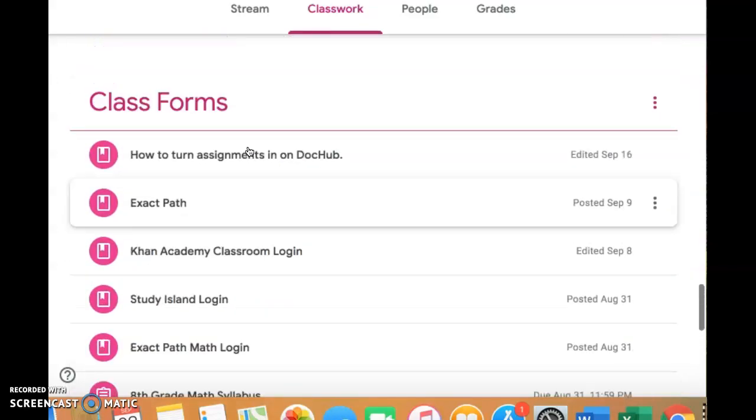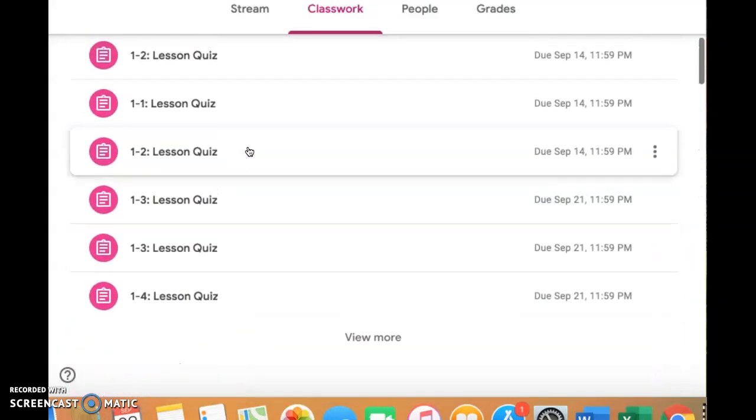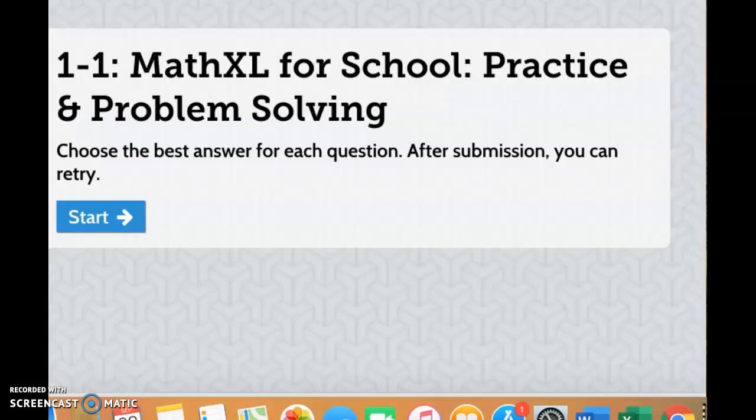Okay, so now what I want to do is walk you through what I want you to do when you go to Savvas Realize. Usually you'll click on one of these assignments and it'll take you straight to the Savvas Realize website. I've already gotten it pulled up here. So let's say we're going to start a practice problem.